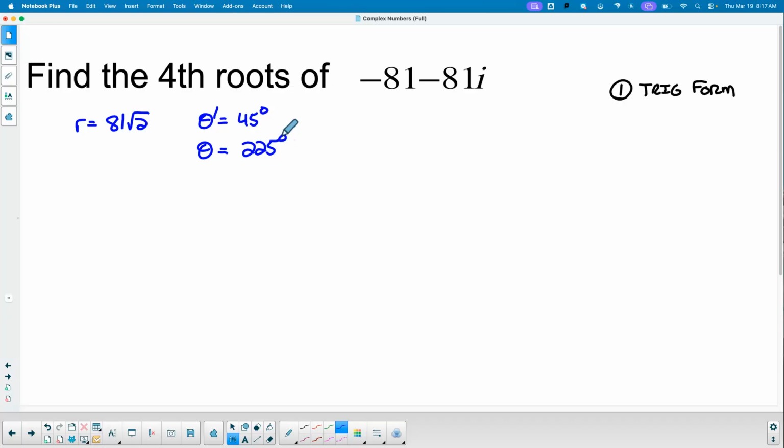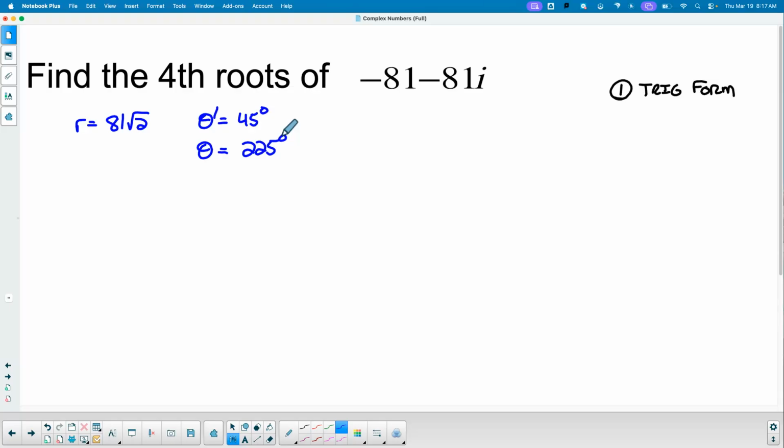Do we agree with that, or do you need time to calculate? A and B are the same, so therefore it's a 45, 45, 90 triangle. So legs are 81. Hypotenuse would be legs times the square root of 2. So my R value is 81 square root of 2. Tangent of 45 degrees is 1. 81 divided by 81 is 1.